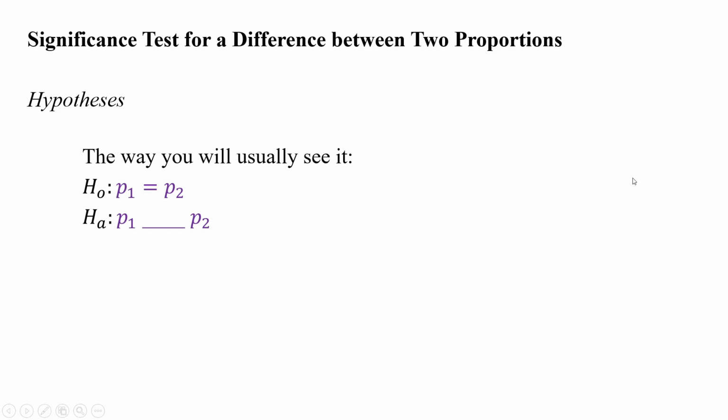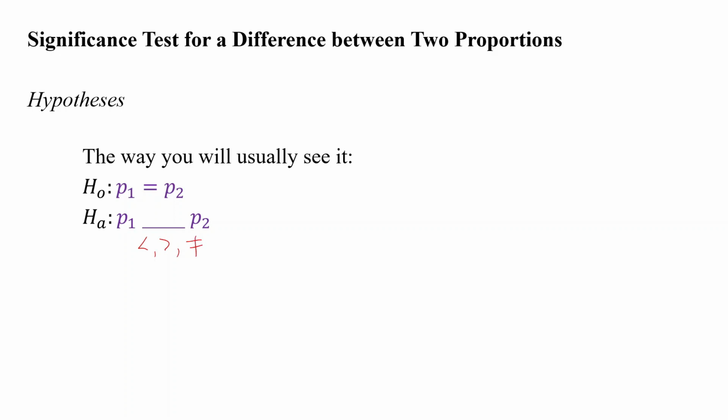The way you will usually see your hypotheses set up when you're testing a difference is our null having P1 equal to P2 and our alternative being the relationship between those, either less than, greater than, or not equal to. So in that blank, you would have less than, greater than, or not equal to, depending on the context of the problem.